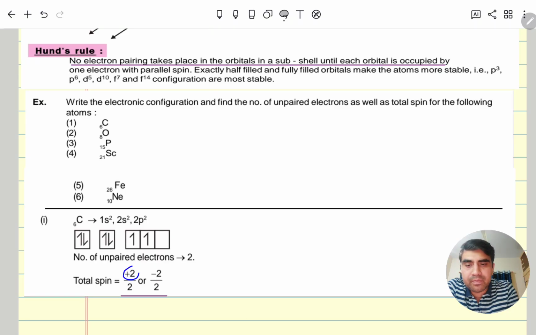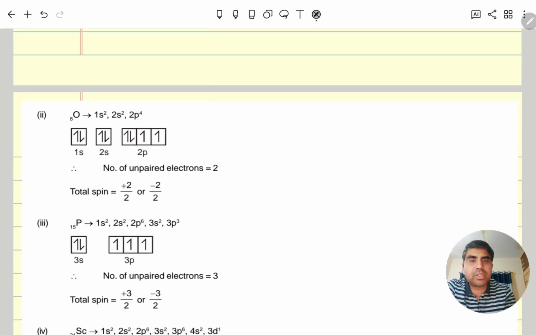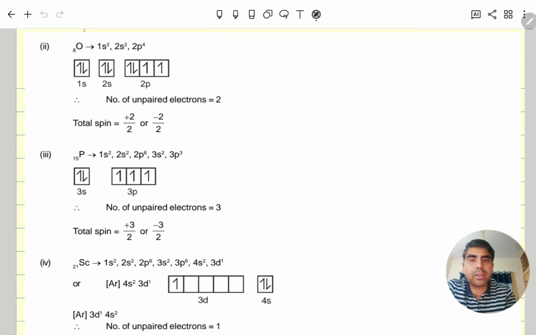Total spin will be plus 2 or minus 2 divided by 2. So this is like that. All the remaining questions you can also solve. You can just take a screenshot and attempt them. Similarly, here you can calculate for oxygen, similarly for phosphorus, similarly for scandium.